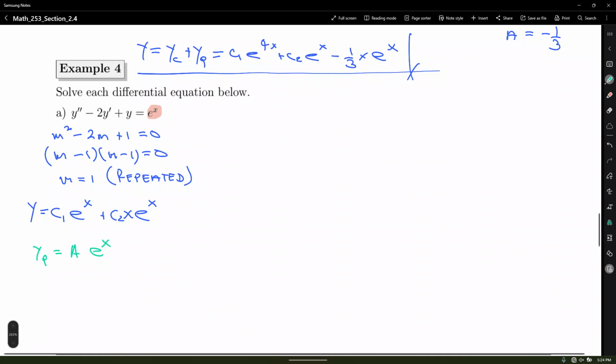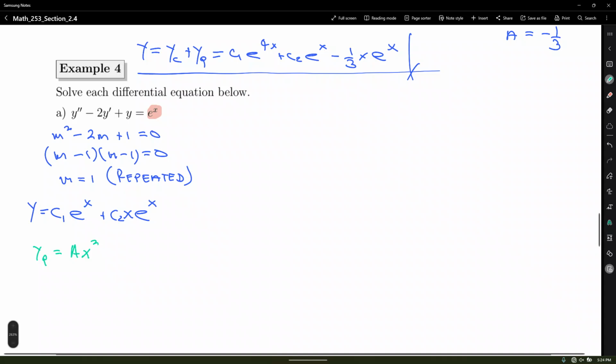So what do we do? Multiply by a power of x. Great. But wait a minute. Isn't that still a duplicate of one of the terms in the homogeneous solution? Just multiplying by x is not going to be enough.